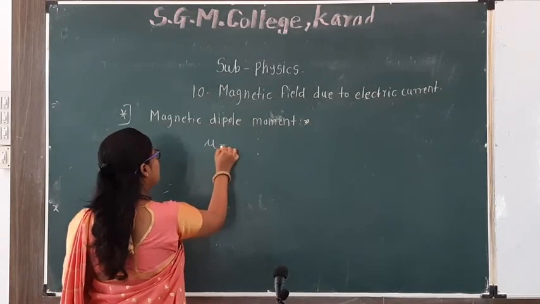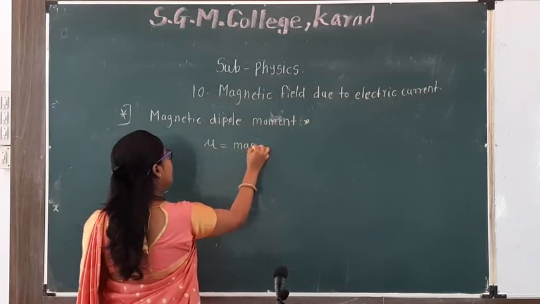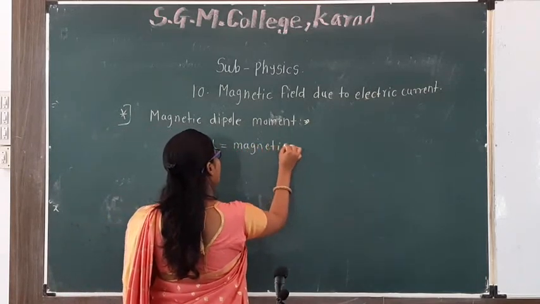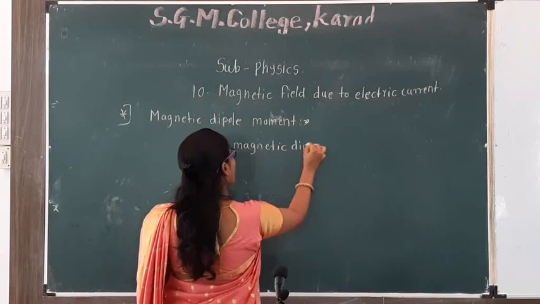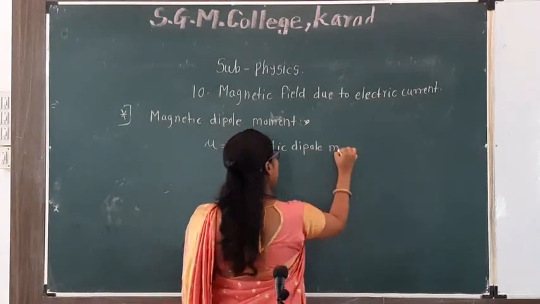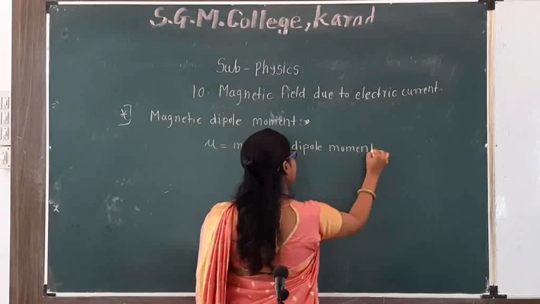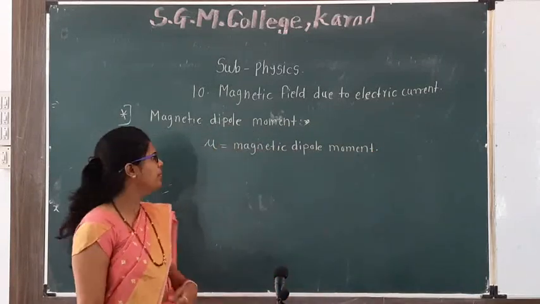Mu is equal to the magnetic dipole moment.